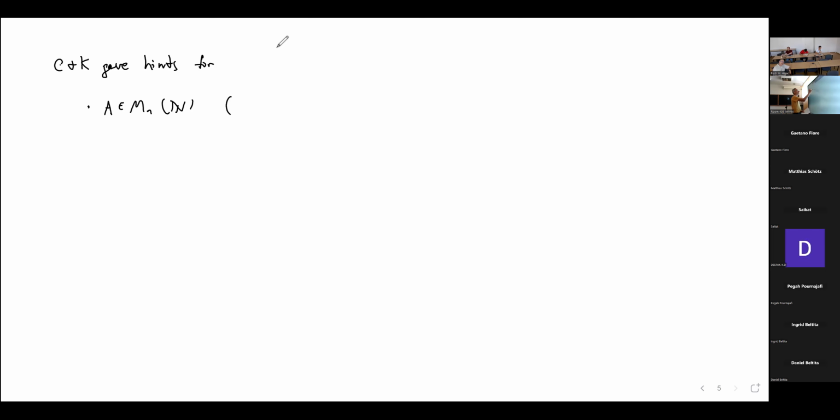So this corresponds to multiple edges in our graph. And as you were mentioning, the other case was when the matrix is indexed by the natural numbers. So these are the infinitely many vertices.